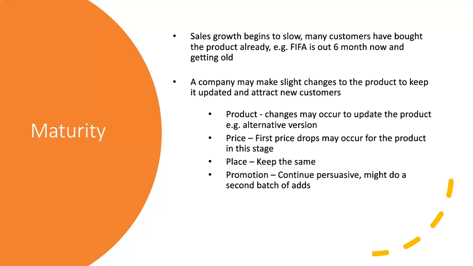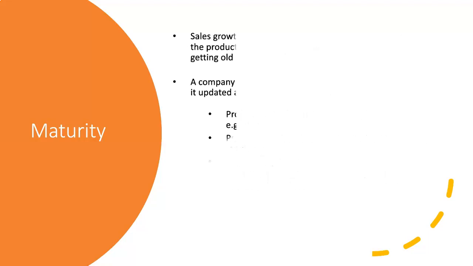Changes may occur to update the product, for example, an alternative version. Price. Price drops may occur for the product in this stage. Place, keep it the same. Promotion, continue persuasive and might do a second batch of the ads. So that's the main stages of managing a FIFA football game in the maturity stage in the product life cycle. Okay, move on to the next stage.